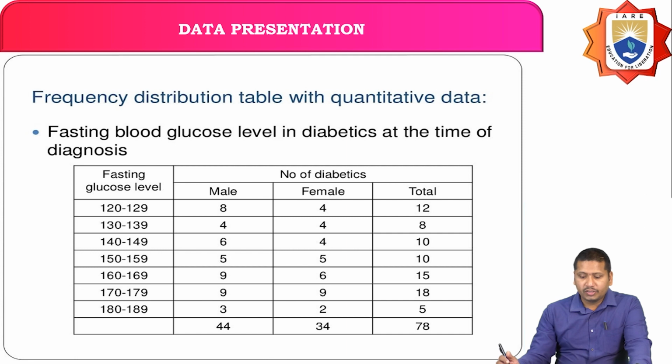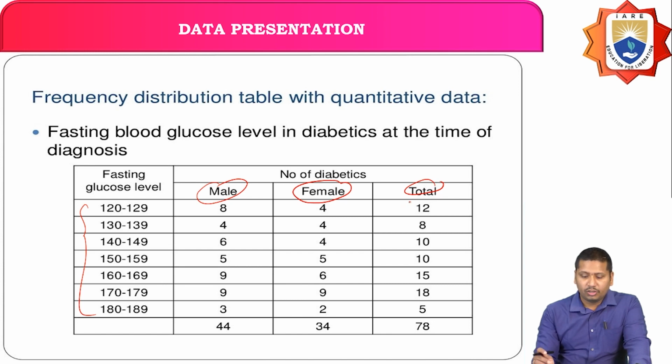Similarly, the frequency distribution with quantitative data. For that, consider the fasting glucose levels in diabetes at the time of diagnosis. I consider different fasting glucose levels, and I want to find out, in the case of male and female, what the diabetes count is and what the total count is.